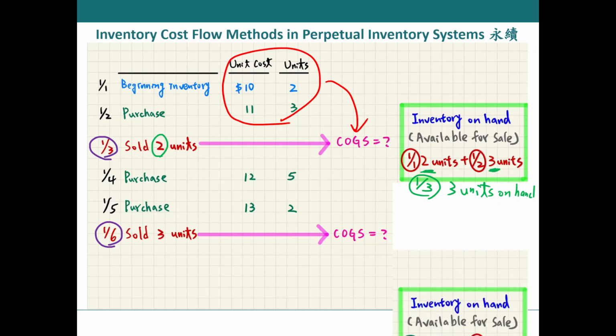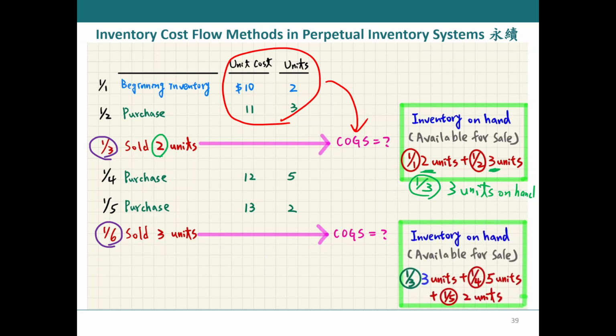Okay, so I have totally 10 units. Any questions? No problem. It's quite a basic, important concept. Before we use perpetual 永续盘存制, the date is very important. So you should understand on that date how many inventory you have. Any questions? No problem?